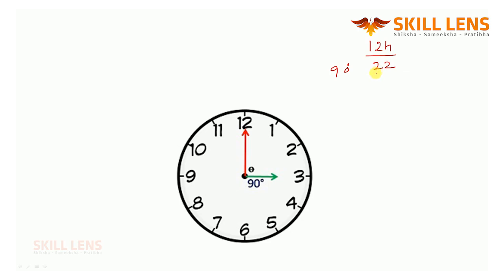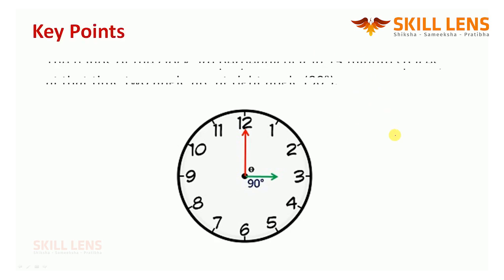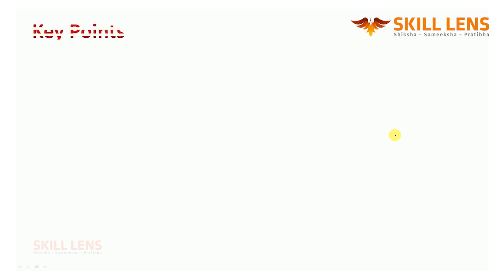Because in every 1 hour, 90 degrees will be made 2 times. In every 1 hour, how many times, guys? 2 times. So in 12 hours, people will say 24, but the point is this.